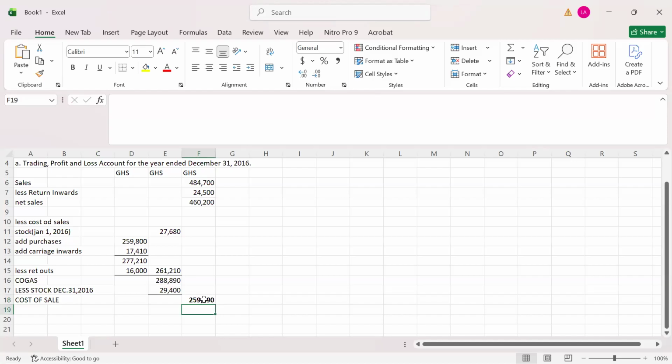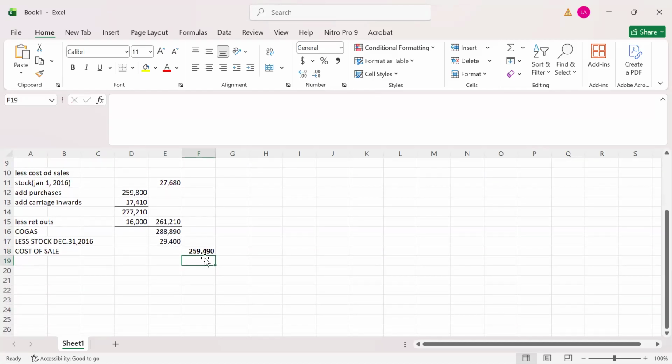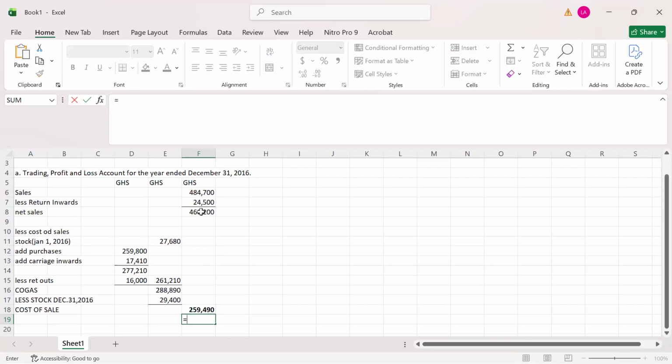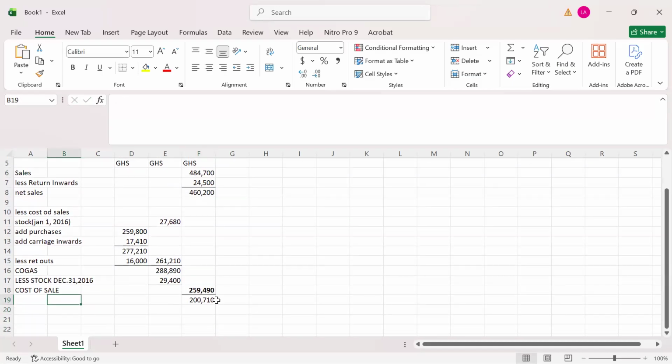So this is the cost of sale. And then when you take the cost of sale from the sales, it will give you what we call gross profit. So this figure gives us our gross profit.